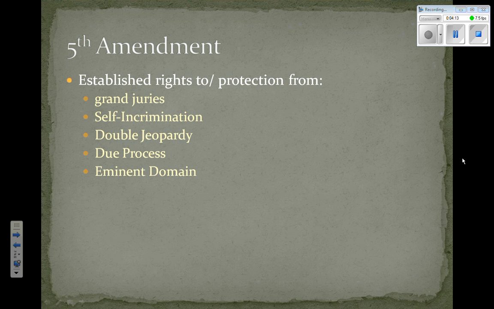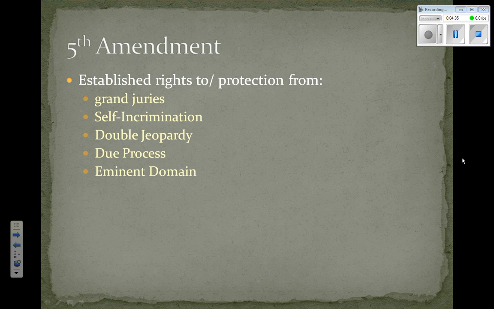This note on double jeopardy. I've heard you use it in class before. It's something I'm pretty sure you understand, but it's guaranteeing that you, as an individual, as a citizen of the United States, can't be charged on a crime more than once.